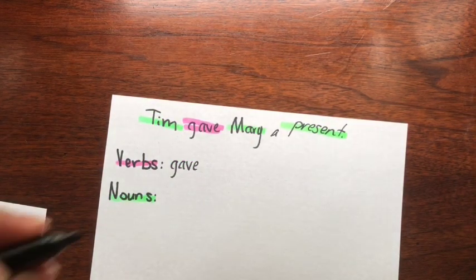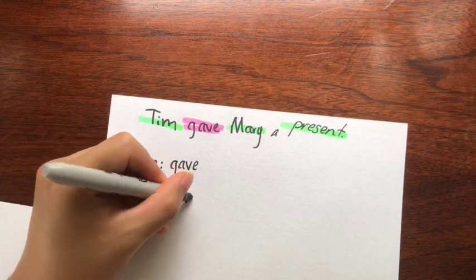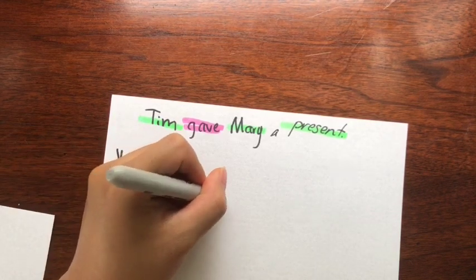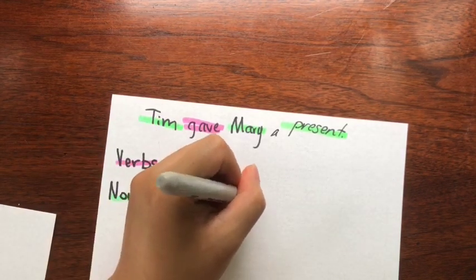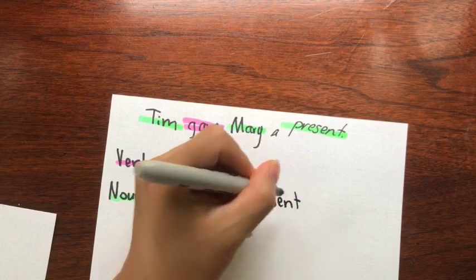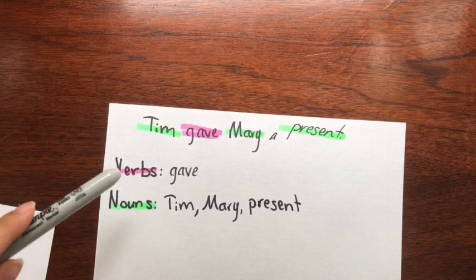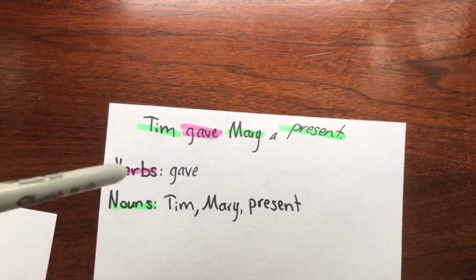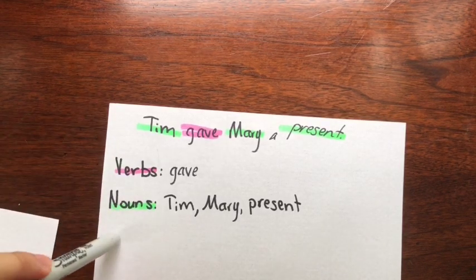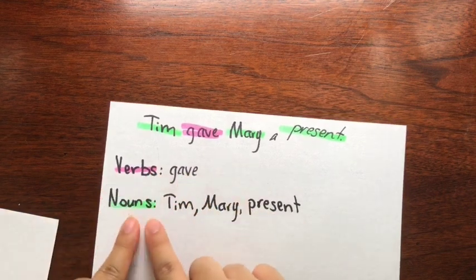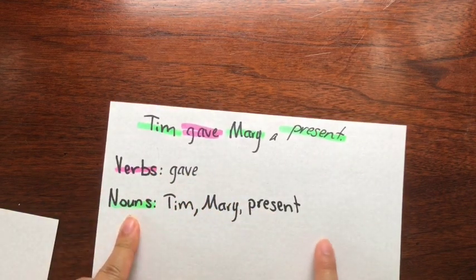So our nouns are Tim, Mary, and present. So we identified the verbs and the nouns, the action word and the person, place, or things.